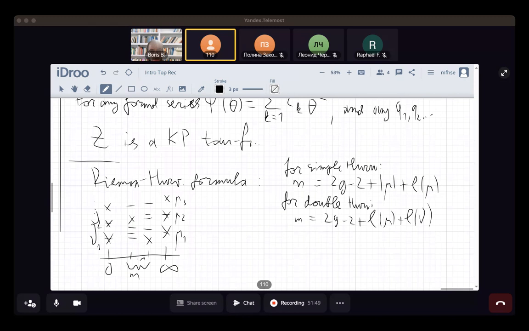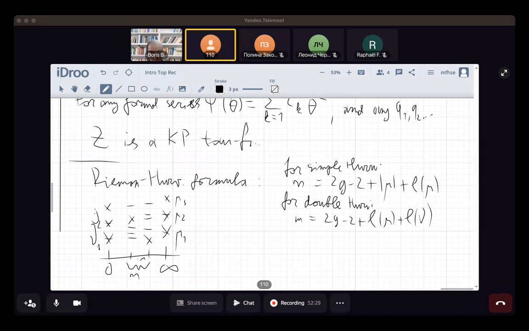In terms of permutations, for simple Hurwitz numbers, m transpositions times a permutation of cyclic type mu should be equal to the identity, and you count all collections like that. And here you say that m transpositions times a permutation of cyclic type mu times a permutation of cyclic type nu is equal to the identity. So you add a permutation of cyclic type nu for fixed nu into the mix. Okay? It seems that here there should be a plus or minus 1. Where?